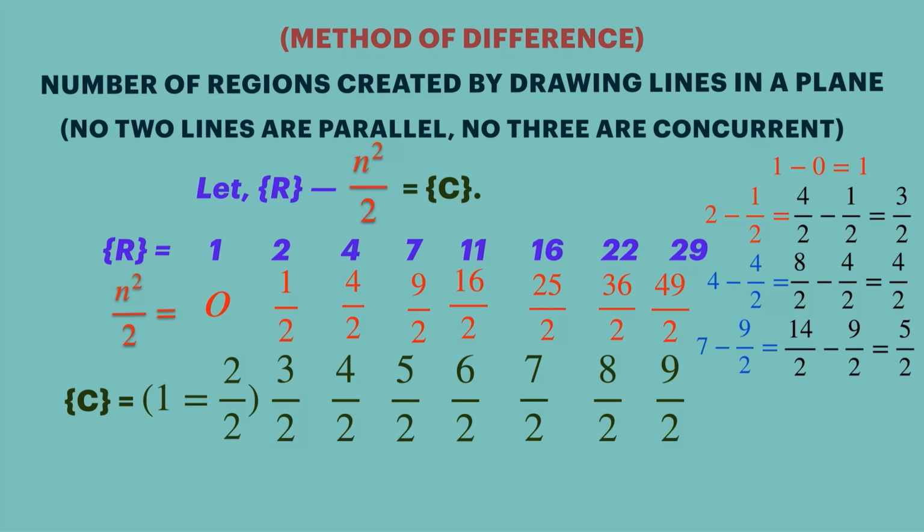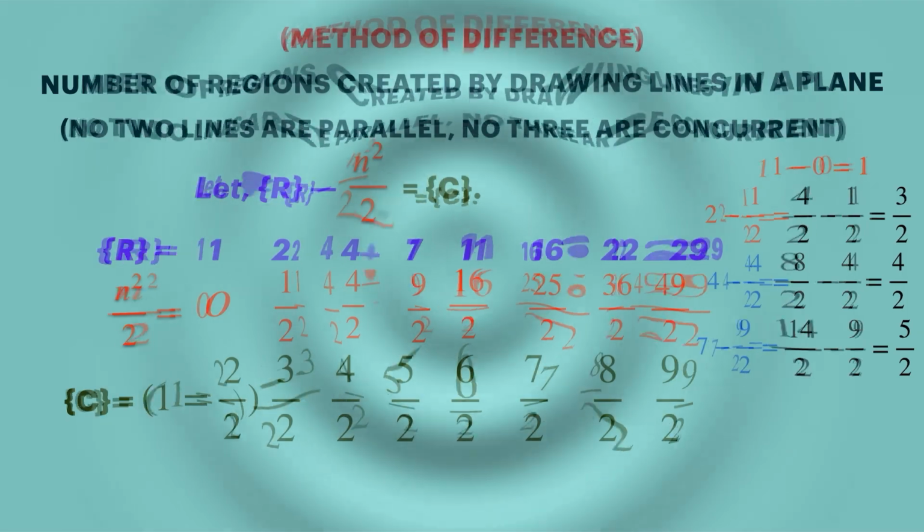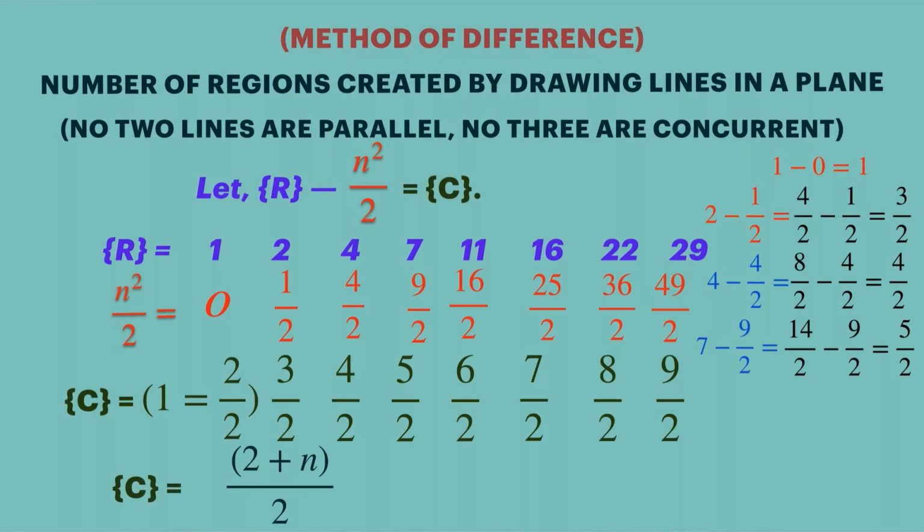So clearly the sequence is 2 plus n by 2, because if you put n equal to 0, then 2 plus 0 by 2 means 2 by 2 means 1, which is exactly the first term of the sequence C. And if we put n equal to 1, then 2 plus 1 by 2 means 3 by 2, which is exactly seen in the sequence C. So 2 plus n by 2 exactly matches the sequence C. So the sequence C is nothing but 2 plus n by 2.